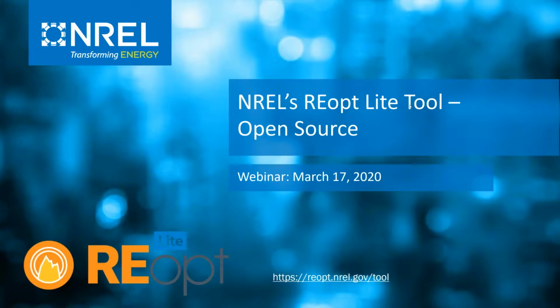The new REopt Lite Open Source software release provides all of the web tool's capabilities and makes the source code available to the public. This webinar will provide an overview of REopt Lite's GitHub repositories and the source code and tools required to build REopt Lite.